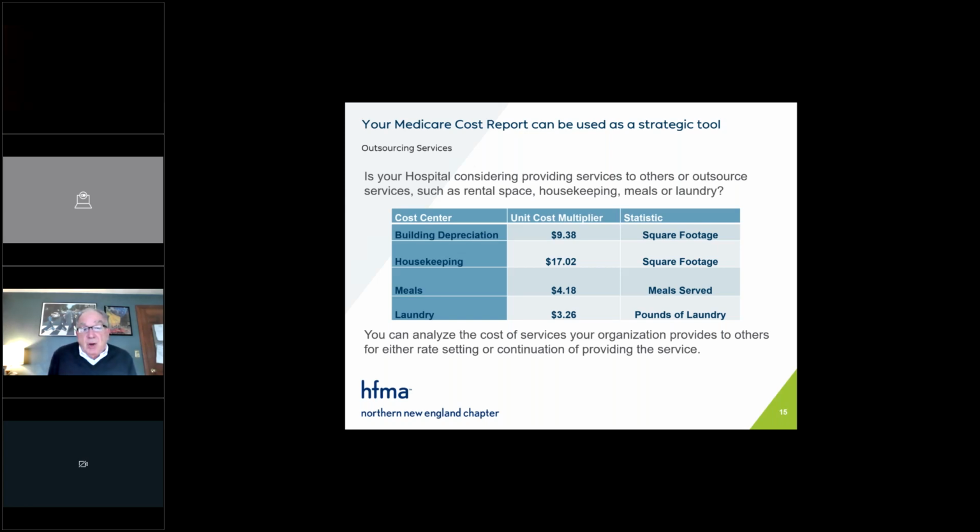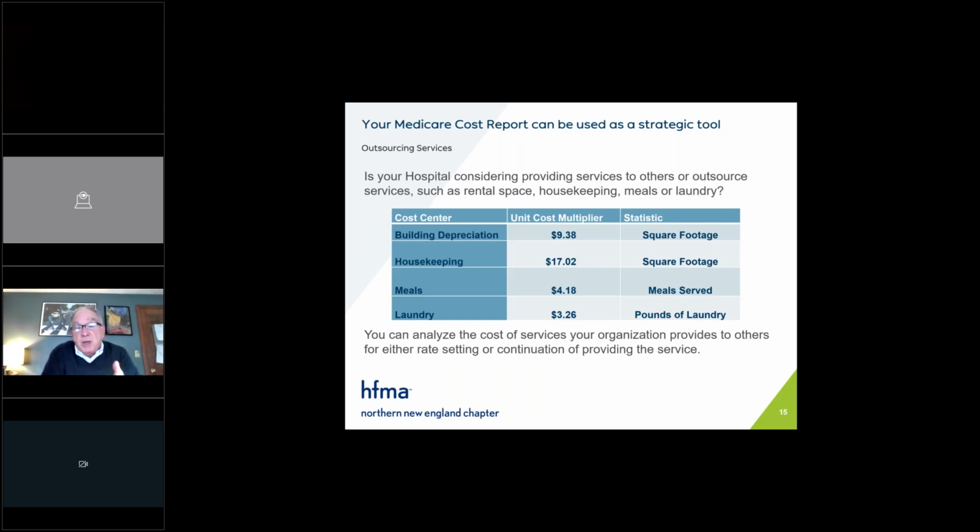Okay, in this case, depreciation expense is $9.38 per square foot. You can go right to the cost report and get that number. You can go to housekeeping and you can get that number right from the cost report, and you can see that it's costing you $17 per square foot to service housekeeping for the hospital.